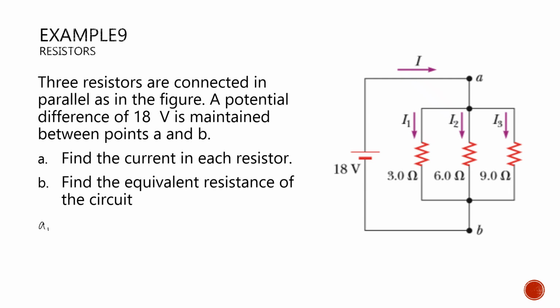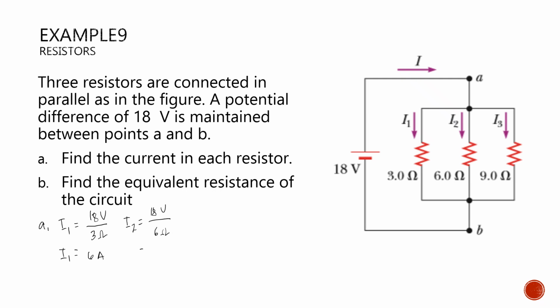So for I1, just divide 18 volts. This is using Ohm's law also. So 18 volts over 3 ohms. The unit is amperes. So that's 6 amperes.